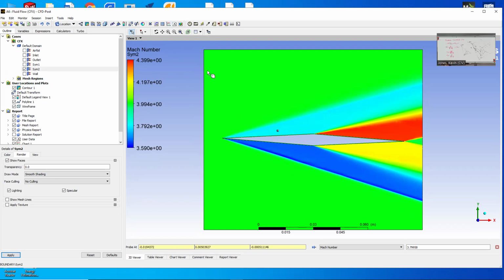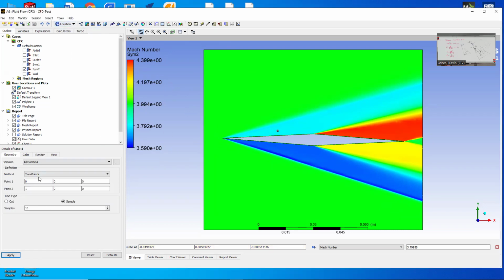If you want to, for example, compare the angle of the shock calculation that you had in the PT calculator, you can come in and, for example, add a line. And let's see, this is a minus 0.05 about.